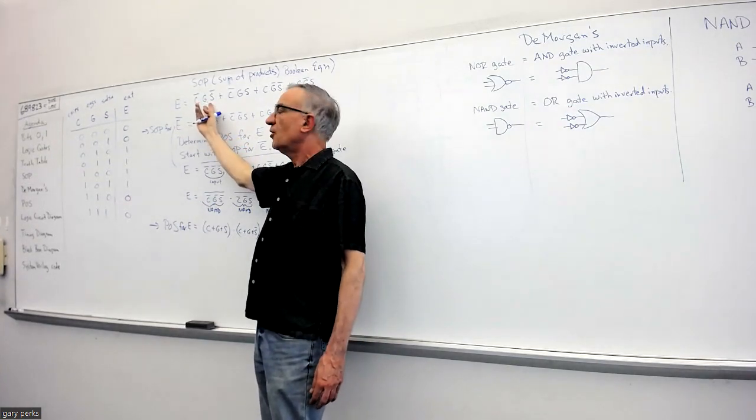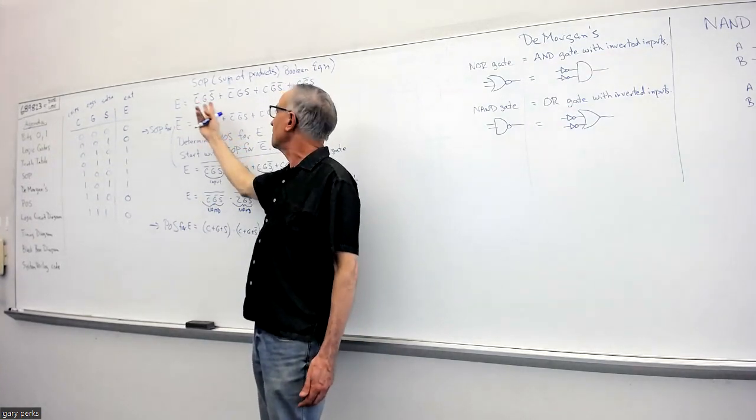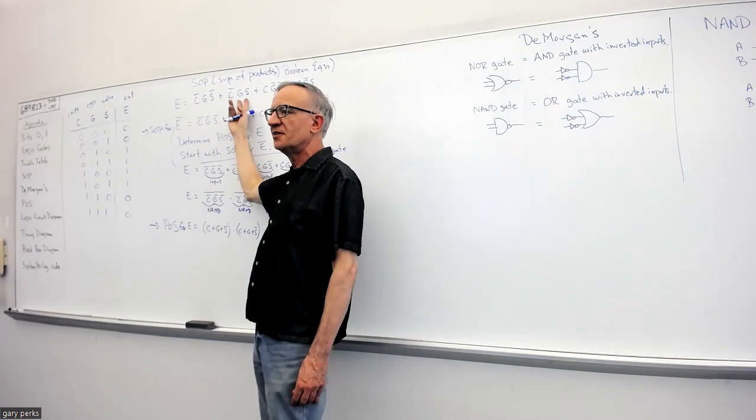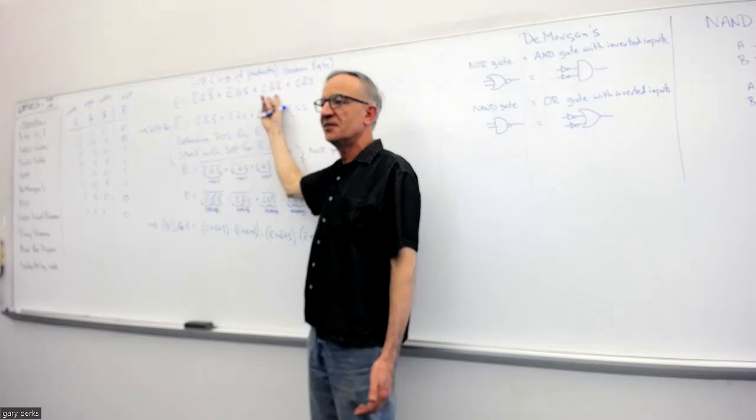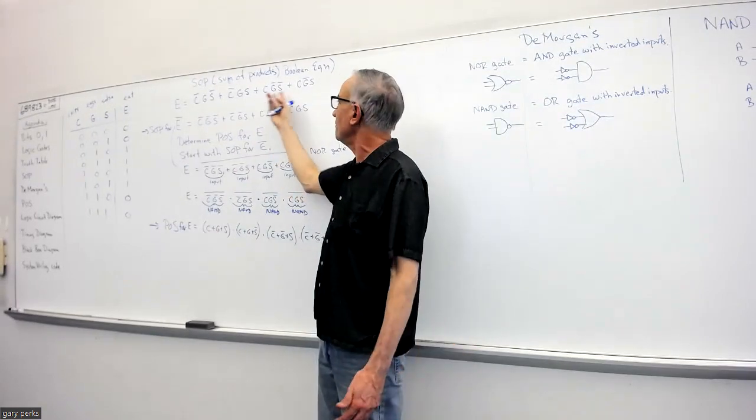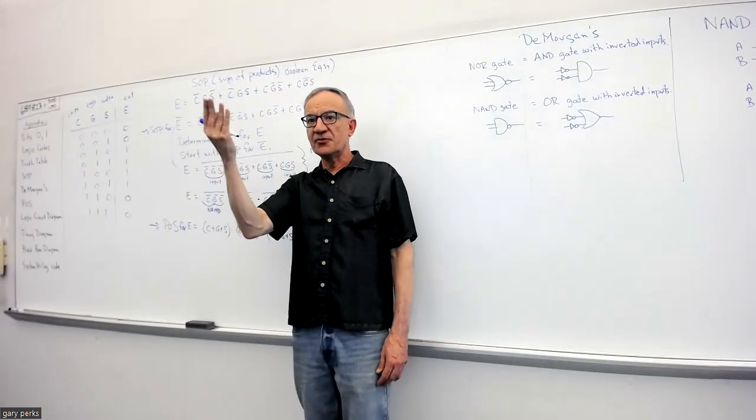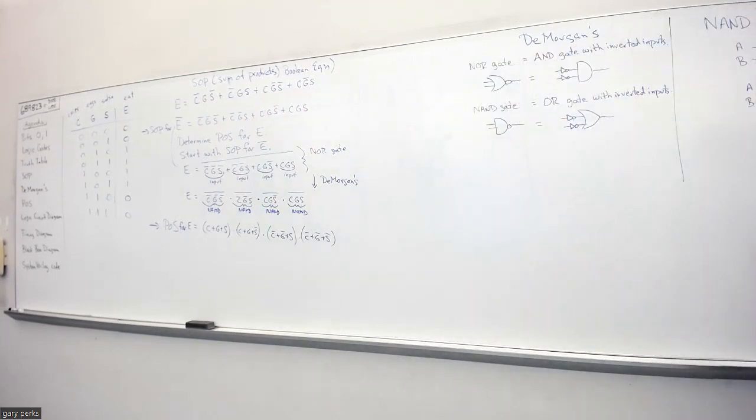One 3 input AND gate for this term. What do we need for this term? One 3 input AND gate. What about this one? One 3 input AND gate, right? All these terms need 3 input AND gates. So we're going to have 4 3 input AND gates.